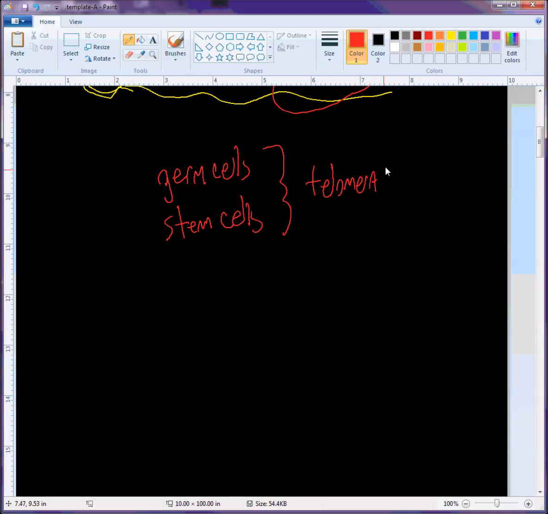At least the thought is they do express telomerase, and it keeps the telomeres from shrinking and keeps our germ cells stable, and our stem cells able to keep producing new cells. So telomerase is expressed in a select number of human cell lines and human tissues, but it's not expressed in most human somatic cells.